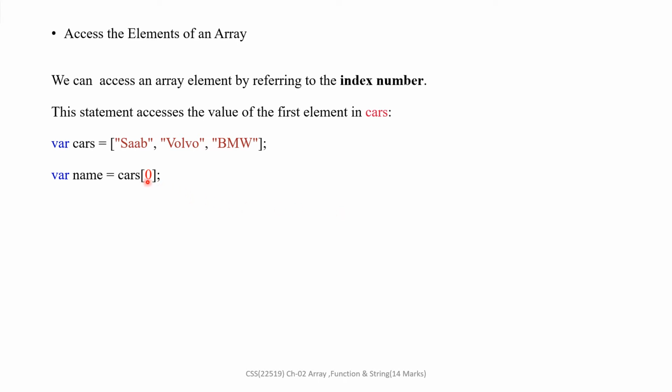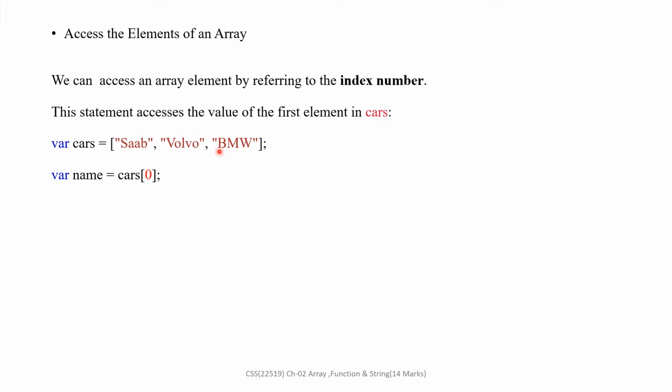In this example, the array element is accessed by referring to the 0th index number. It will access the first element of the array, that is Saab. If we change this index number 0 to 2, then it will access the third element of the array, that is BMW.